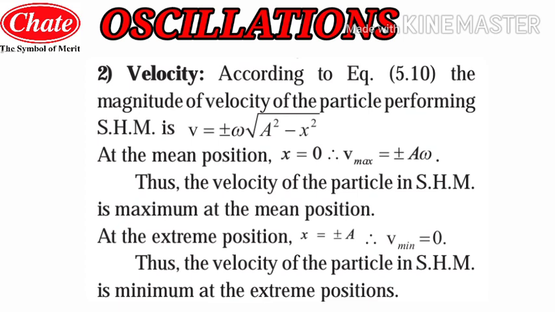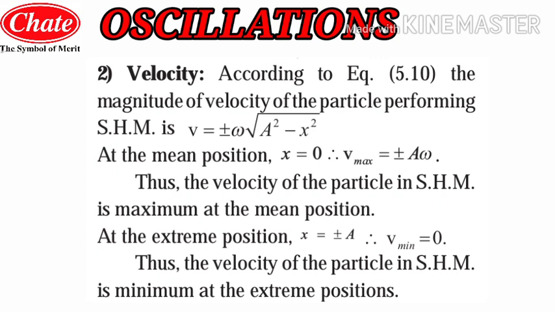So the velocity will be minimum, velocity will be 0. As you put x is equal to a, then a minus a will get cancelled inside the square root, and this 0 term will be multiplied by omega, and thus the total term will be 0. Hence at extreme positions the velocity will be minimum, it is 0.